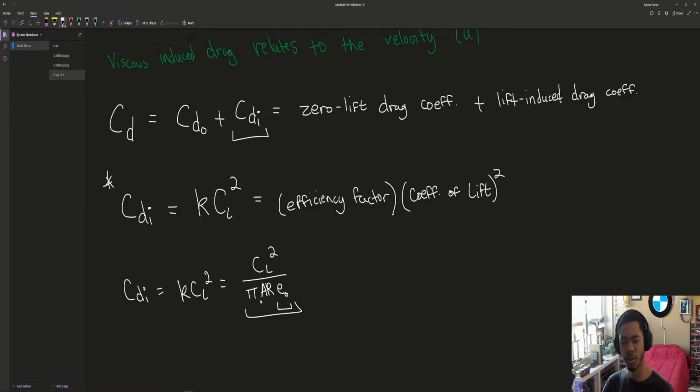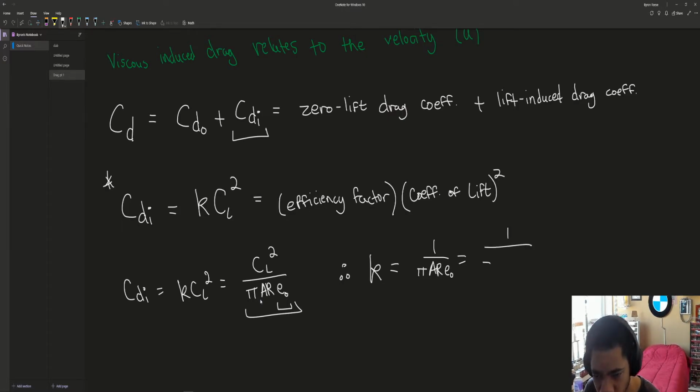I've seen it referred to both ways: Oswald efficiency factor related directly to this E naught, but also to the entire statement. And so what this says is that this efficiency factor K is equal to 1 over pi times AR times E0, which is going to be equal to 1 over pi times your aspect ratio times the efficiency factor.